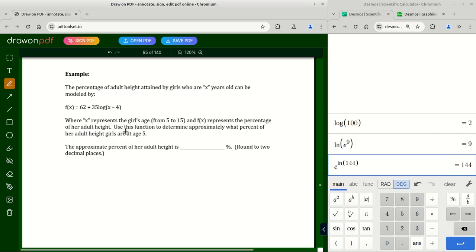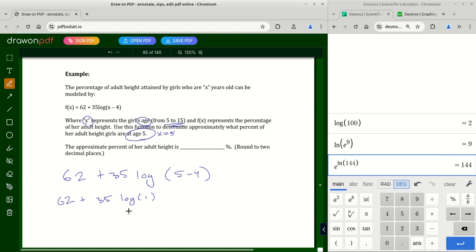X is years. X is your age from 5 to 15. It says age 5, so X is equal to 5. So 62 plus 35 log of 5 minus 4. What we have is log of 1.